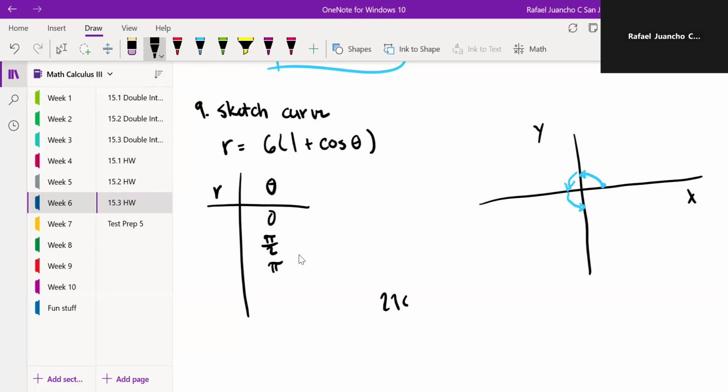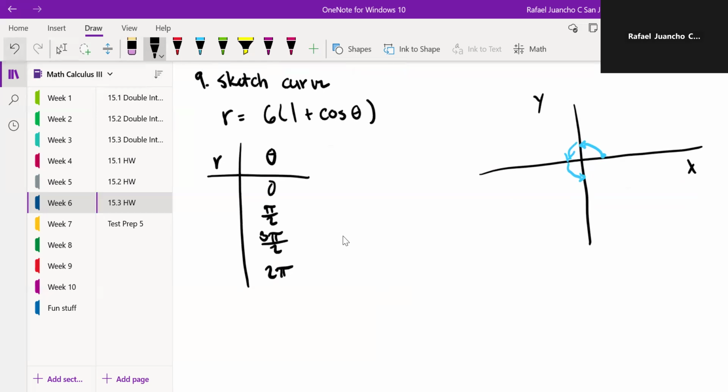270 degrees, what's that in radians? I have no idea. Okay, it's 3 pi over 2. Then lastly, the full rotation is 2 pi.